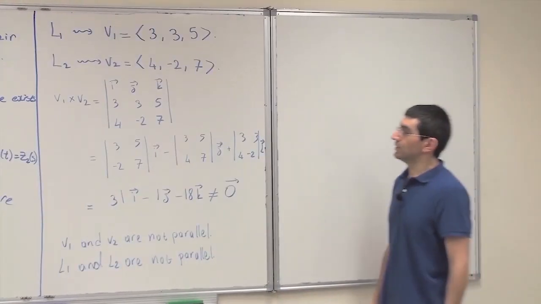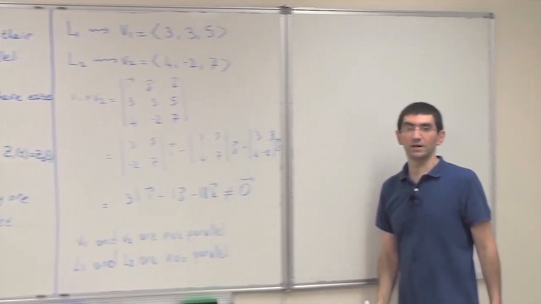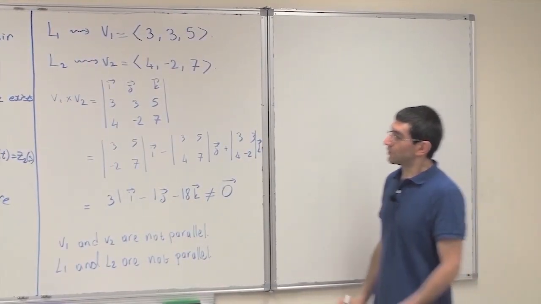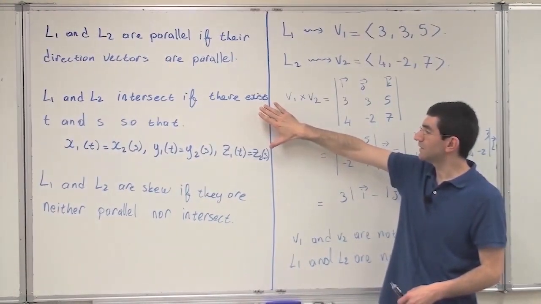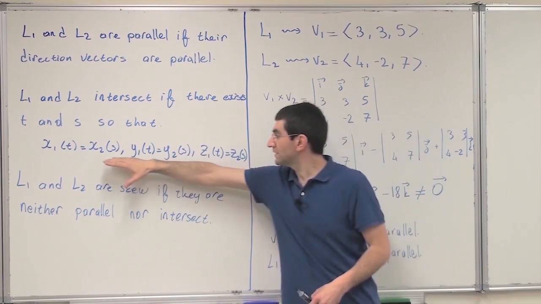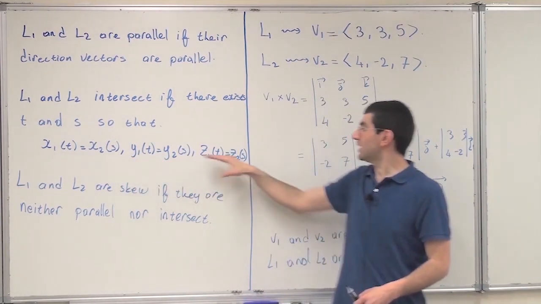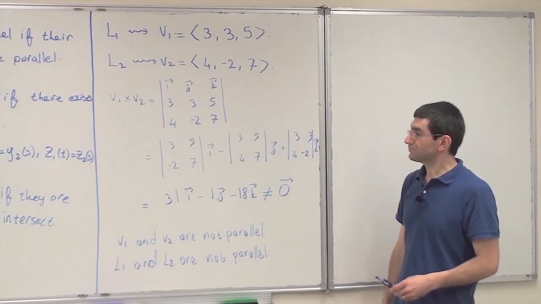So now, next, we check whether they intersect or not. For that, as the definition says here, we are supposed to find the values of the parameters t and s so that all components x, y, and z of lines L1 and L2 are equal.